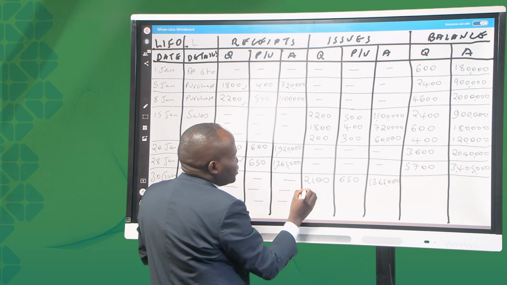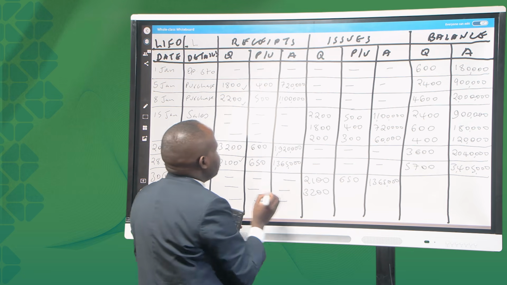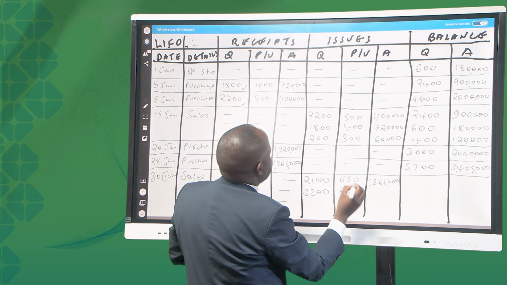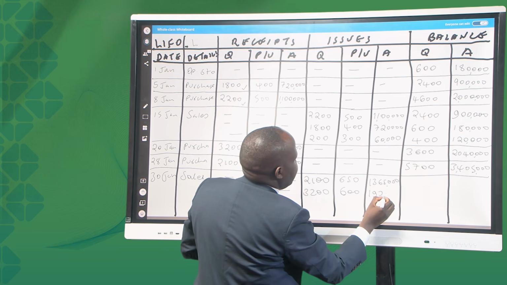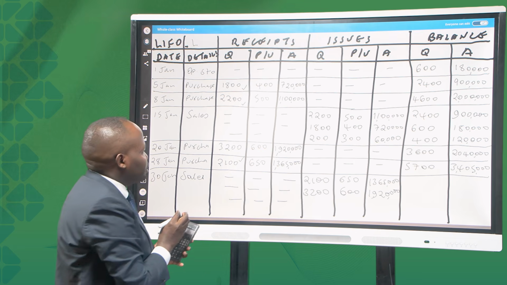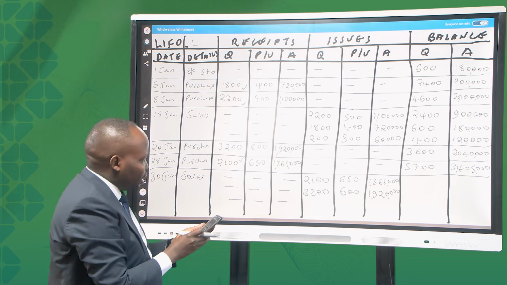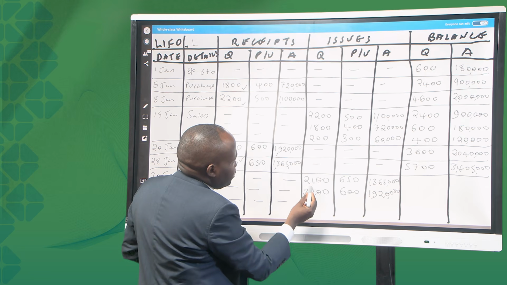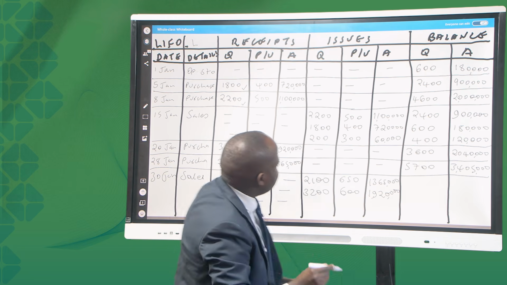We go to 3,200 at 600 to give us 1,920,000.